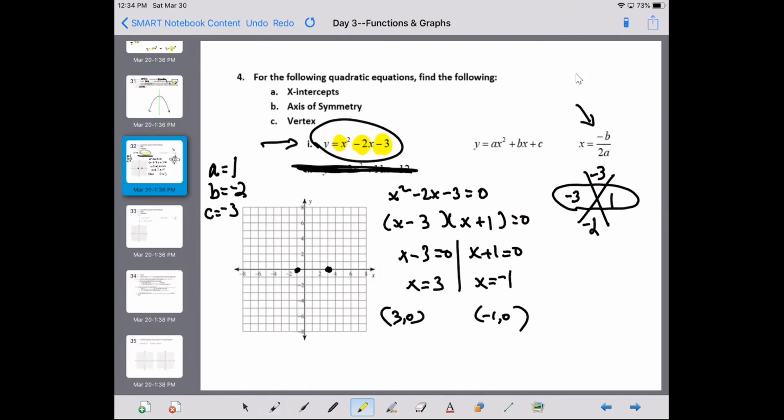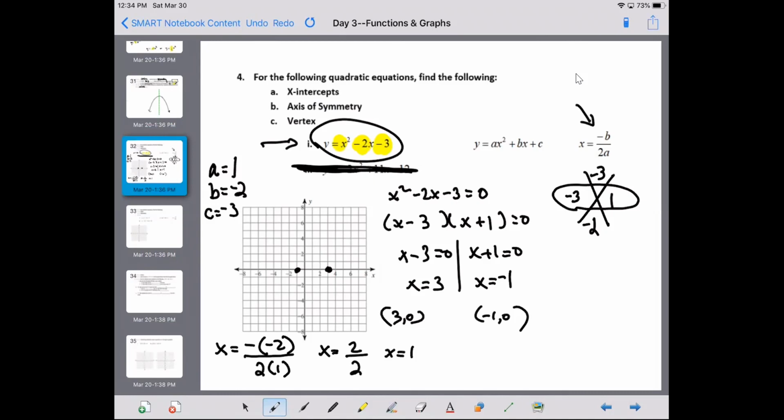I mentioned earlier that if it's an addition, then it's going to be a positive value. If it's subtraction, it's going to be a negative value. So x is equal to negative b, and b is negative, over 2 times a. So since b is negative, when you take the negative of it, you're going to get positive 2 divided by 2, or x equals 1.